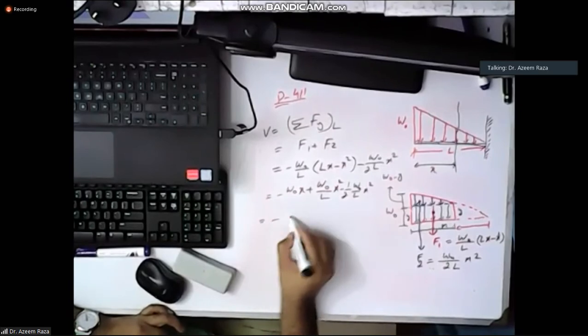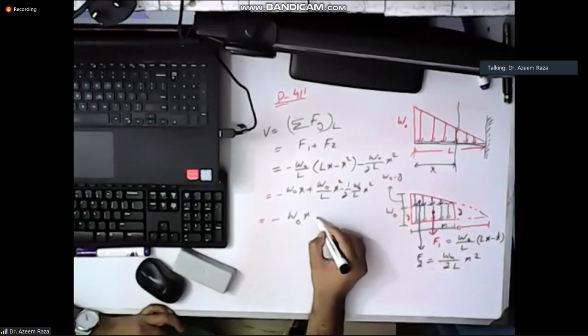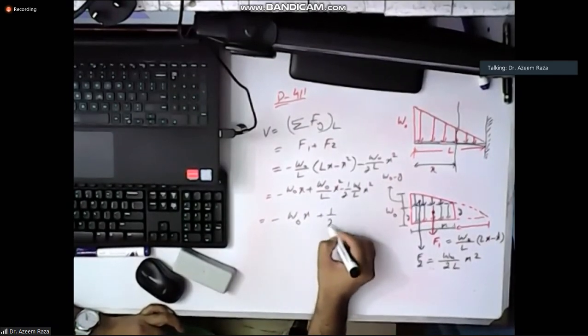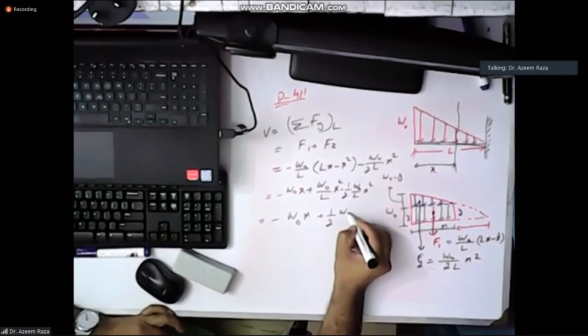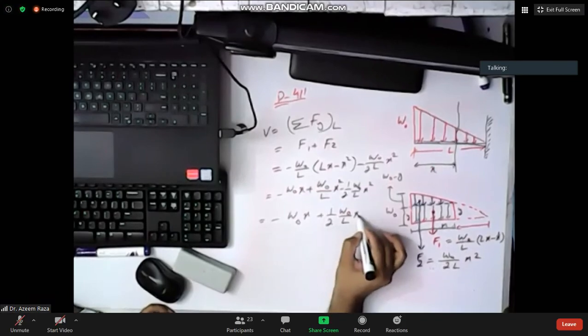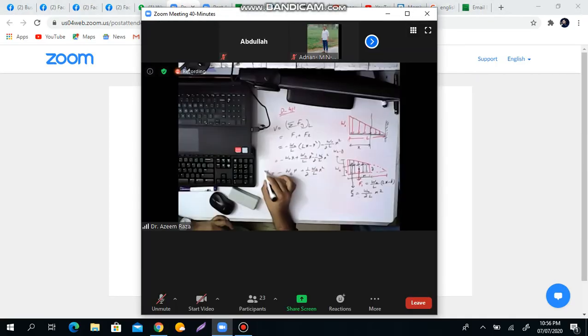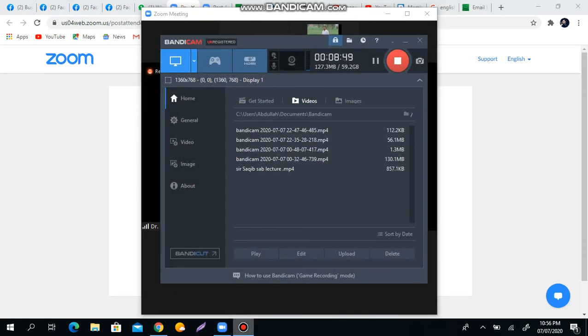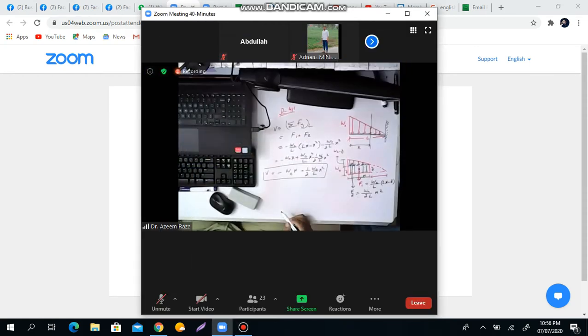This will become minus W naught X plus 1 over 2 W naught over L X squared. This is V. Because this is half and this is full, so we know this would be here. Are we good?